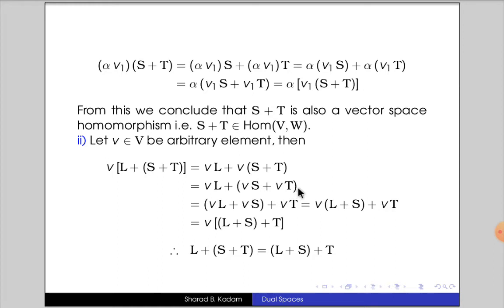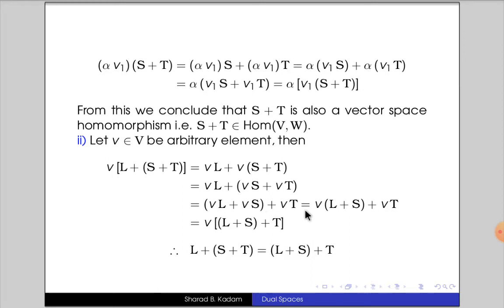Here L of V, S of V and T of V are all elements in the vector space W, and we know that in the vector space W the associative property holds.